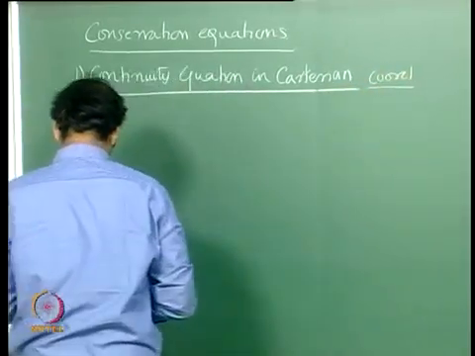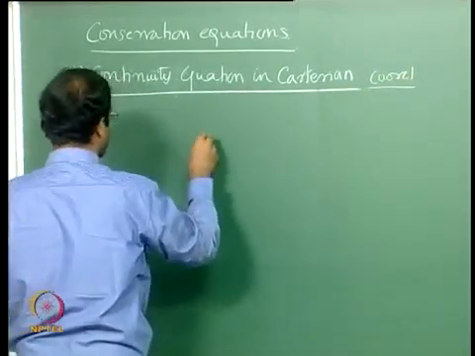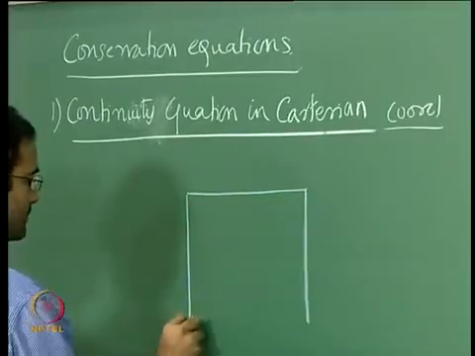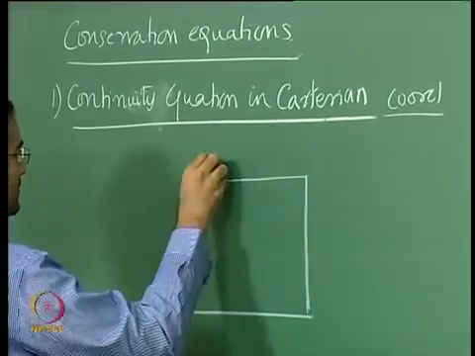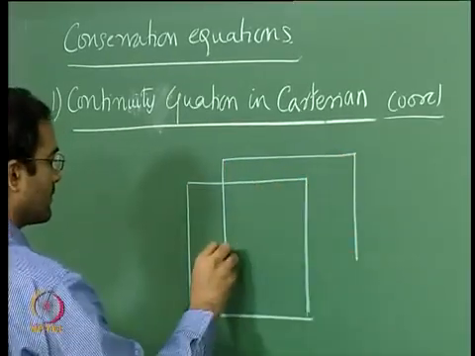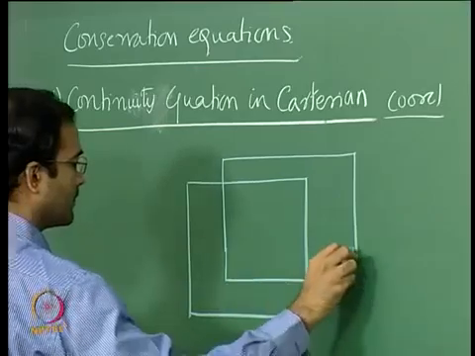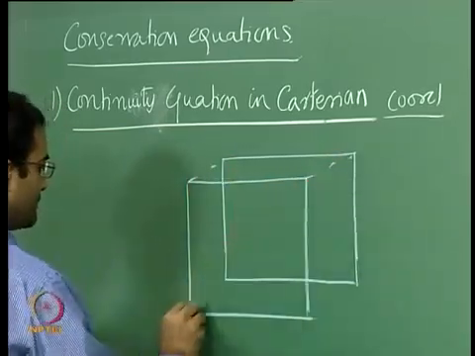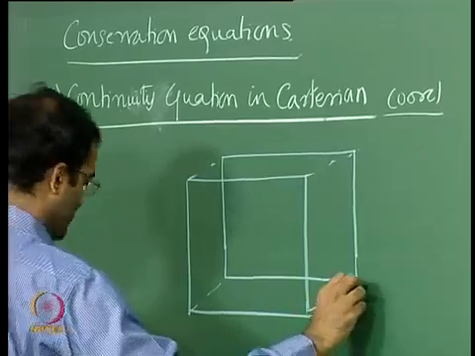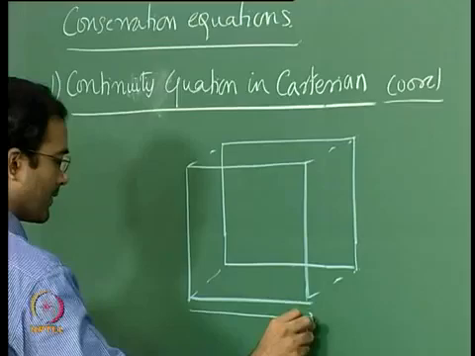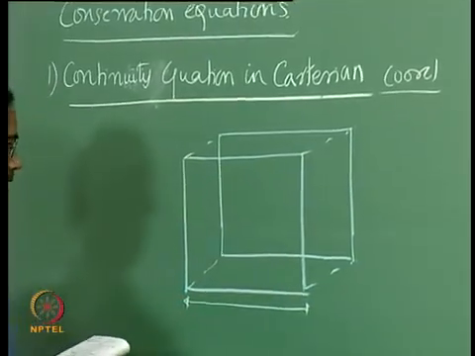Therefore we will first describe the Cartesian control volume in 3 dimensions. So you can look at a control volume, a parallelepiped for example.